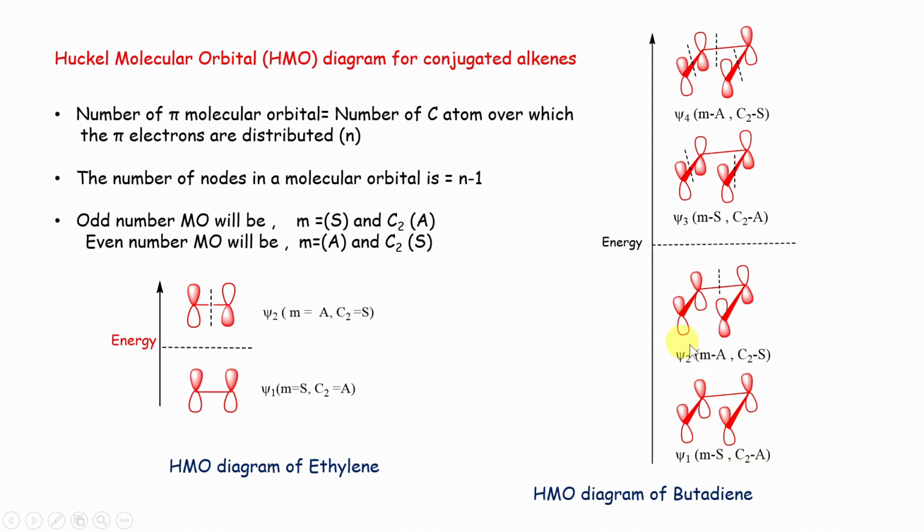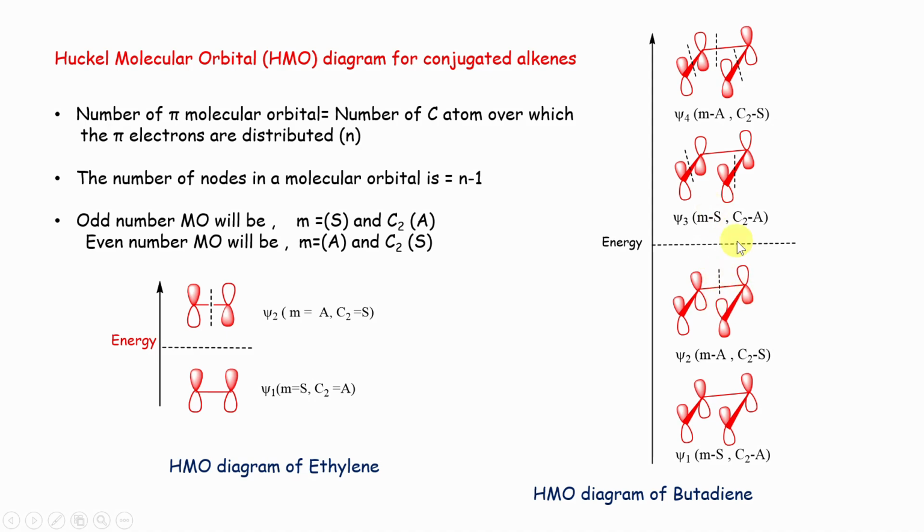Psi2, 2 is an even number, so it is anti-symmetric with respect to the mirror plane and symmetric with respect to the C2 axis. 2 minus 1 is equal to 1, and hence this molecular orbital has a nodal plane, which is indicated by this dashed line.